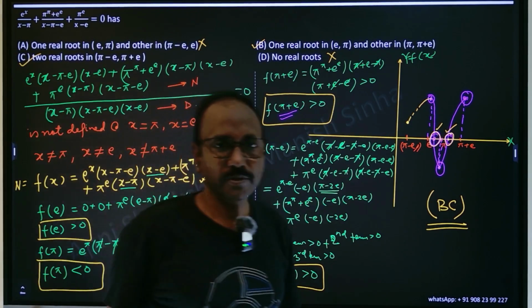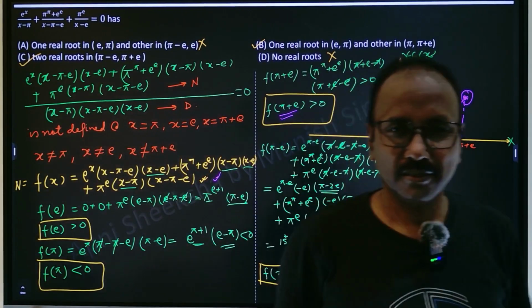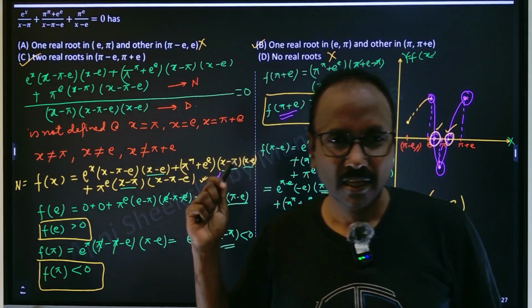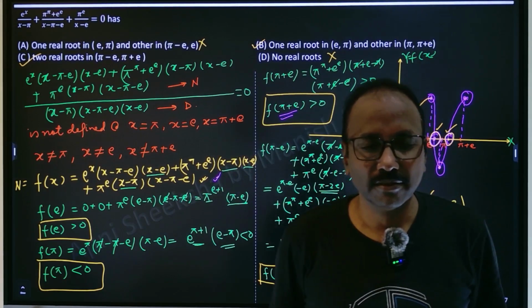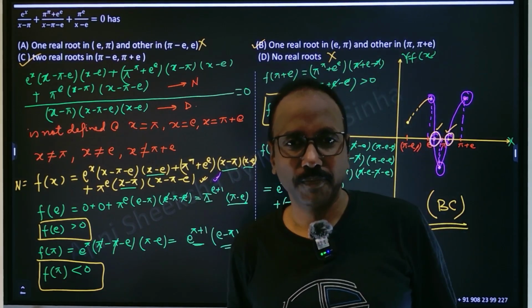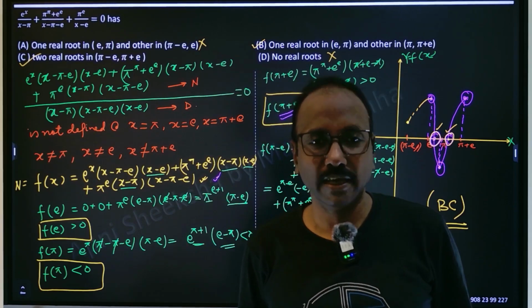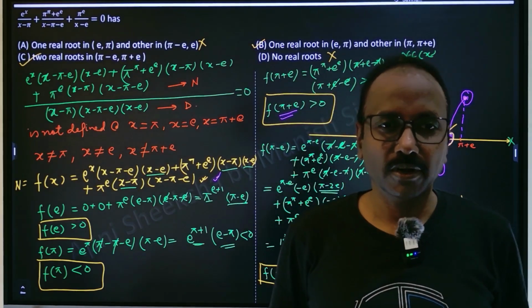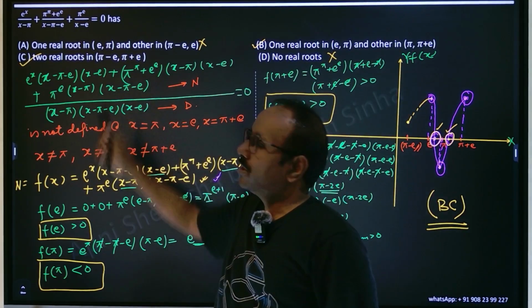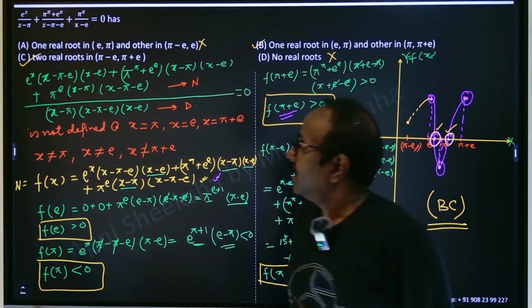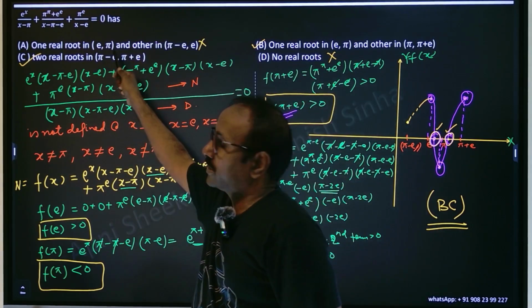So you have to take advantage of what is given in the options and try to get it from there, because it is not asking the value of the real root. It is asking whether it is having a real root or not in the domain of x. And you can notice that e and pi are excluded. Why?